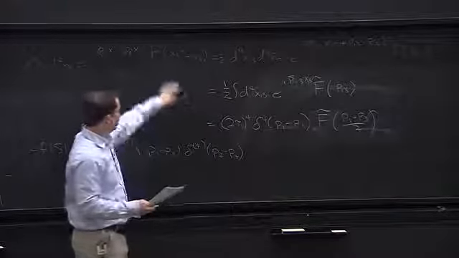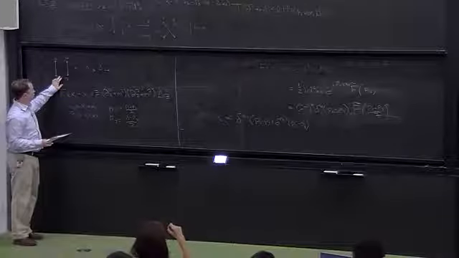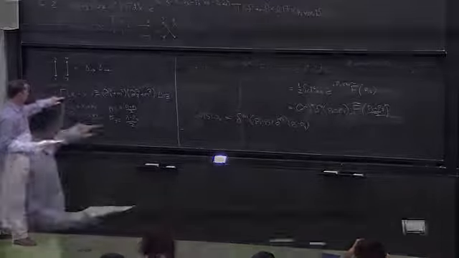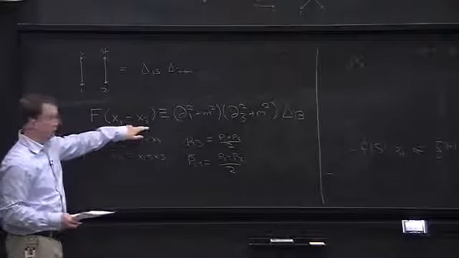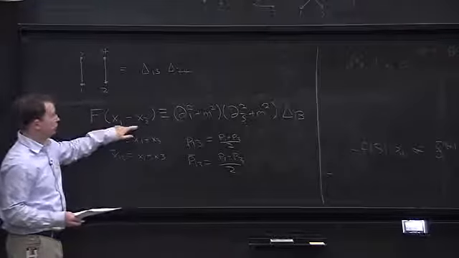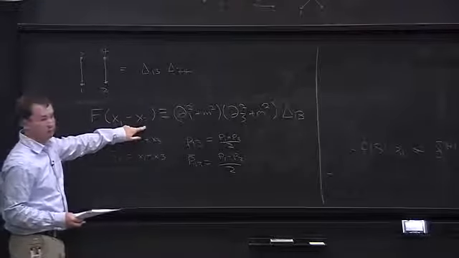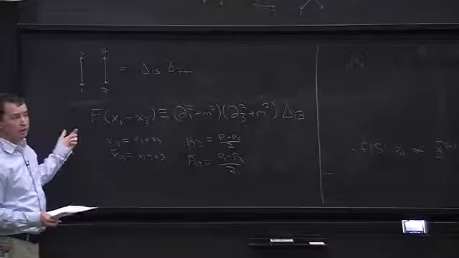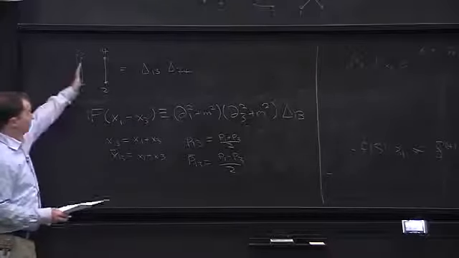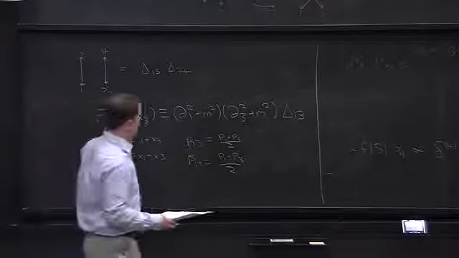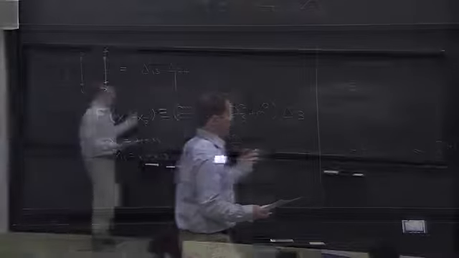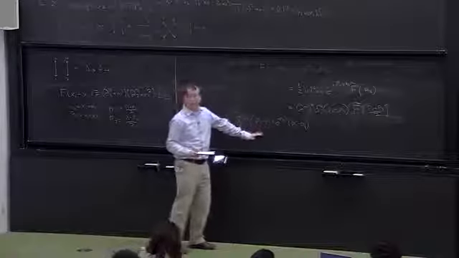Nothing in this argument depended on the explicit form of our Green's function. All we used really was that this function f was translation invariant. It only depended on x1 minus x3. And that's going to be the case for any disconnected diagram. So any disconnected diagram will have this translation invariance, and therefore we'll have extra deltas compared to what we expect.